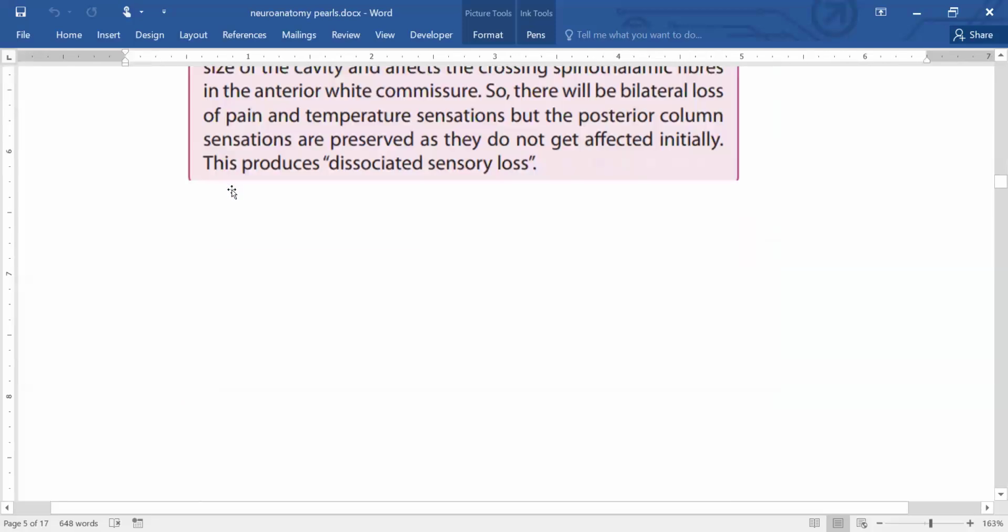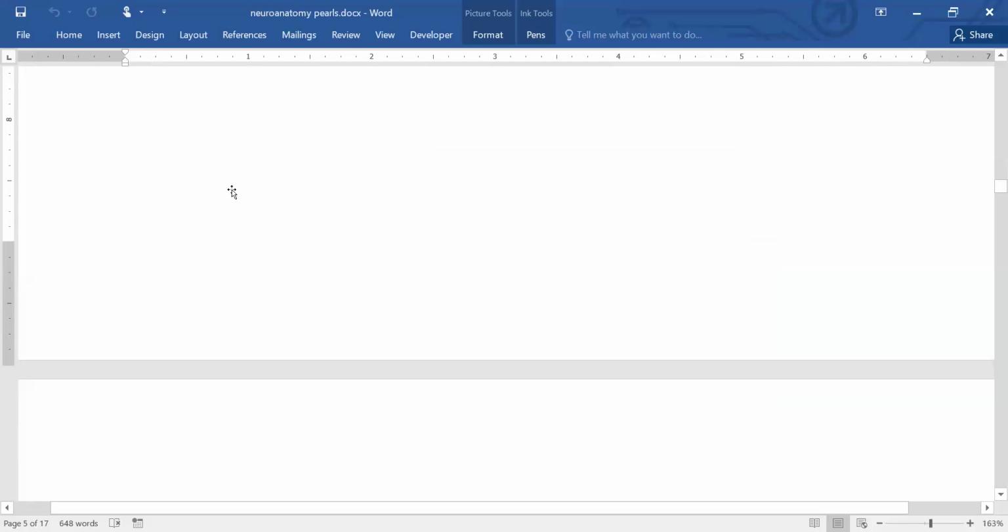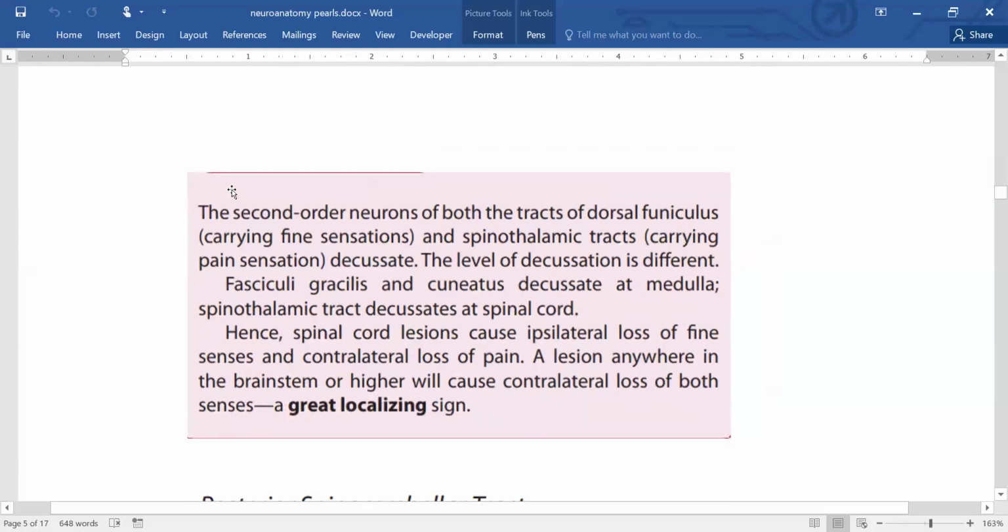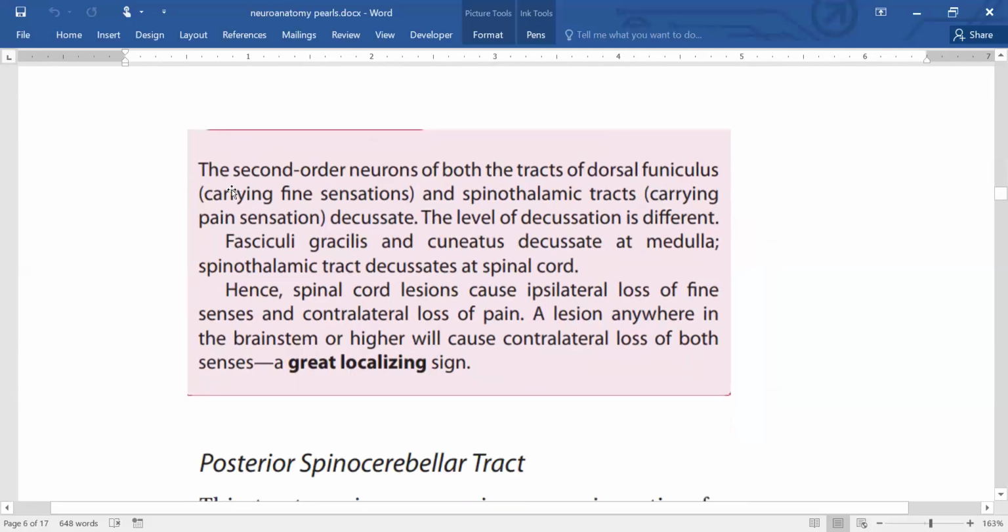Talking about the ascending tracts and descending tracts, first of all, the ascending tracts. As you know, there is the lateral spinothalamic system, which carries pain and temperature through the lateral spinothalamic tract, and the anterior spinothalamic system, which carries pressure and crude touch.